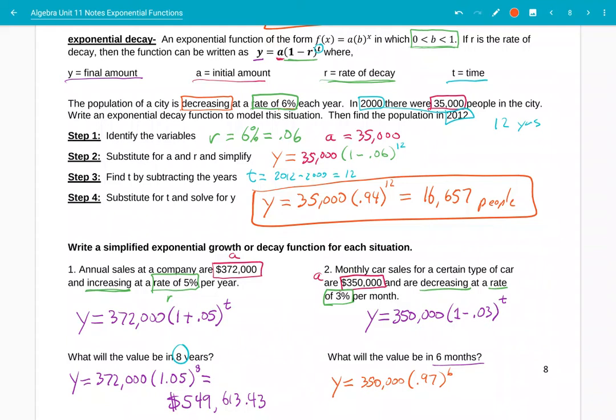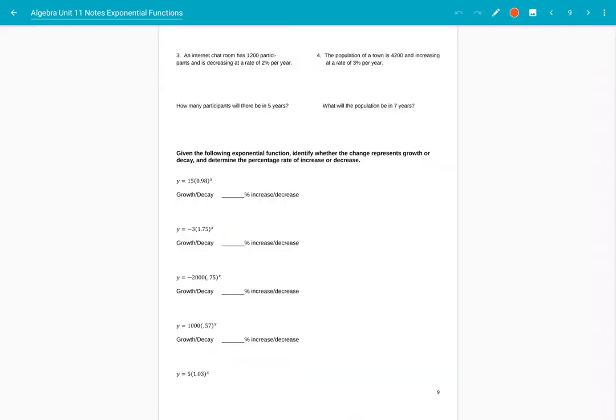So plug that into your calculator just as it's shown there. 350,000, parentheses, 0.97, close parentheses, raised to the 6th power. That is this amount. The value is 291,540.20. So that's the value in 6 months. Okay. Well, there's a couple of examples. Let's see what we have next.